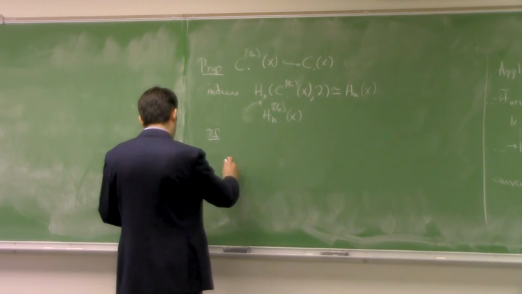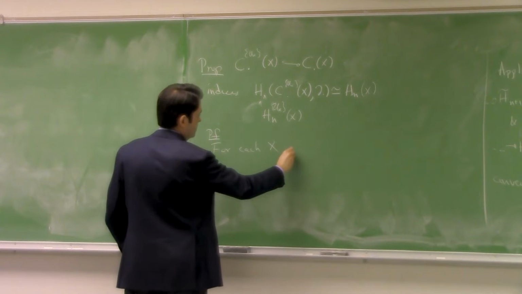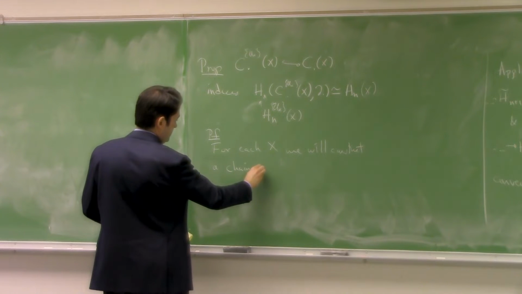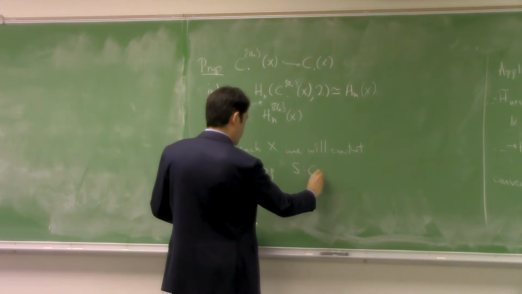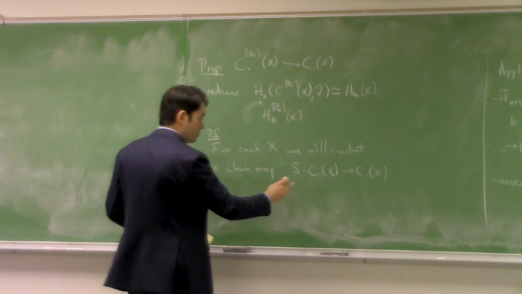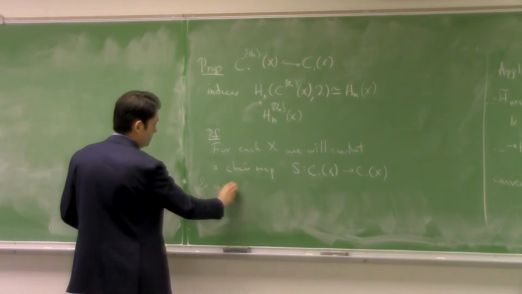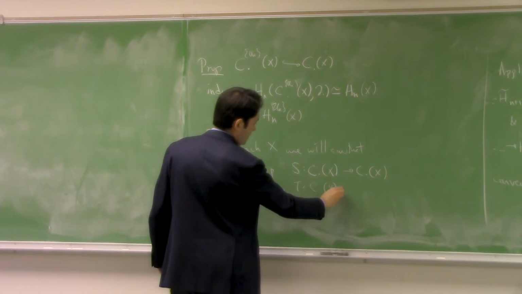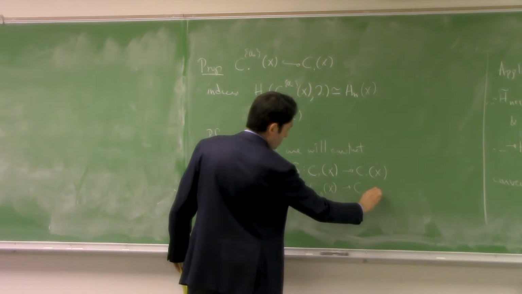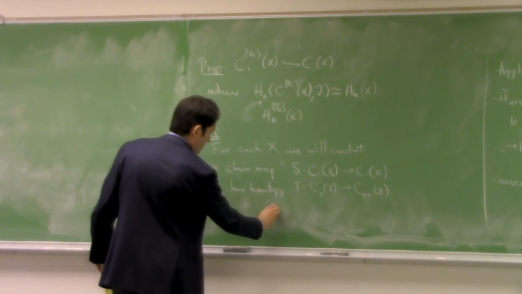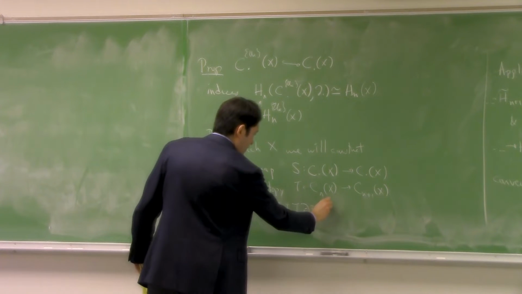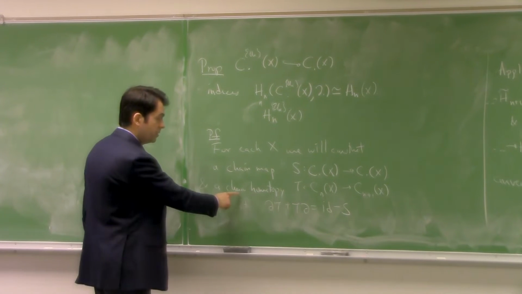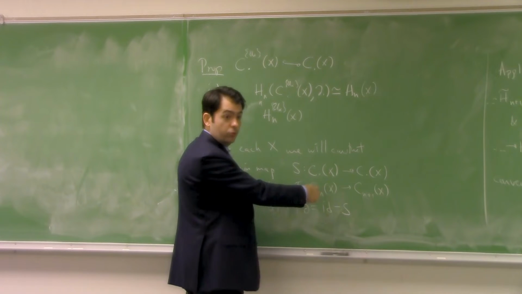Okay. So for each X, we'll construct a chain map S, for subdivision, from chains of X to chains of X, and a chain homotopy map T, from chains n to chains n plus 1, such that it's a chain homotopy between the identity and S. Remember, a chain homotopy just means a group homomorphism between these groups.